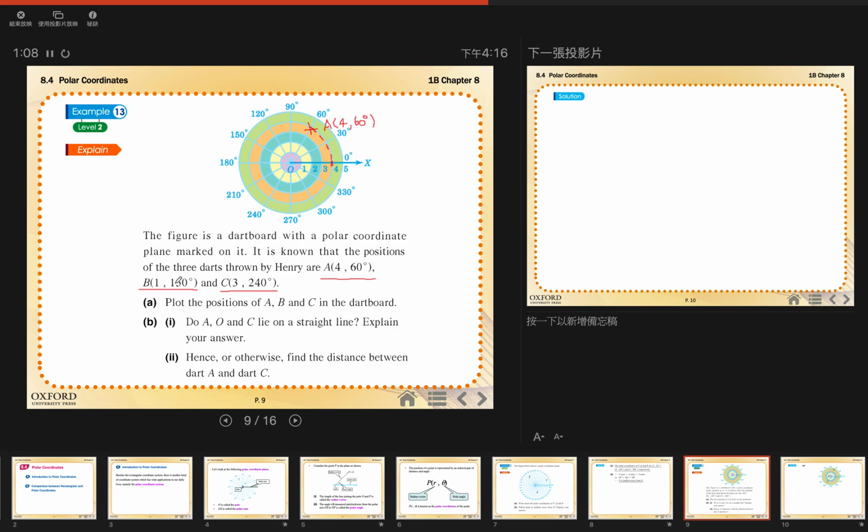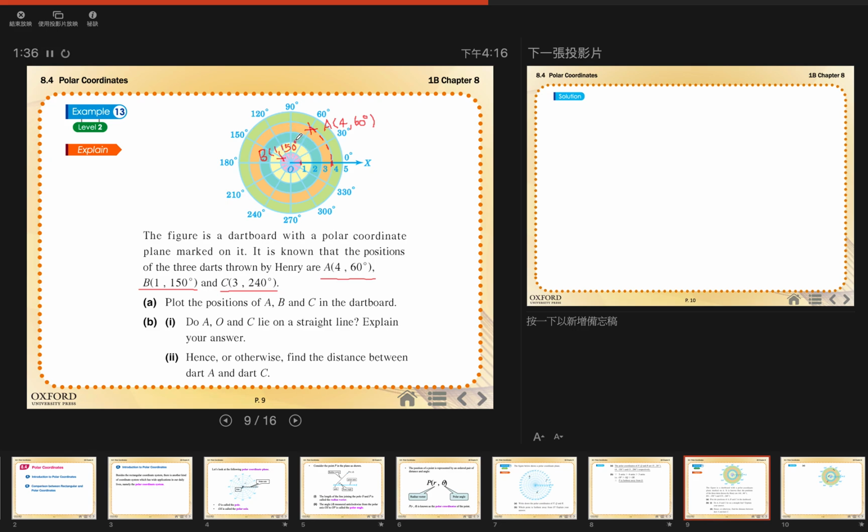And then for point B and C, you also need to mark them on the figure. For point B, it is 1, so I read from here 1, and then 150 degrees, that means up to here, and then here is the point B, and I have to write down the polar coordinates of this point B as well.